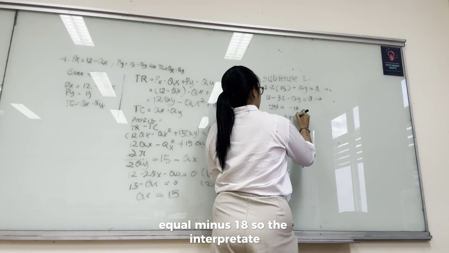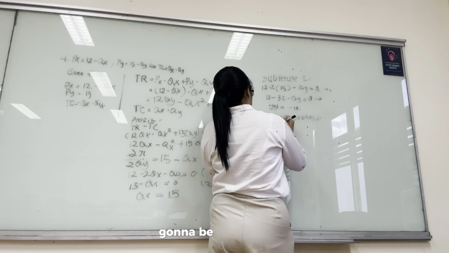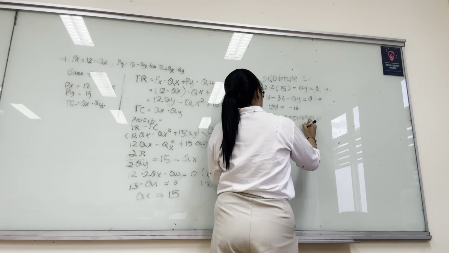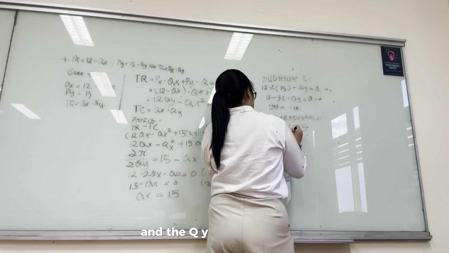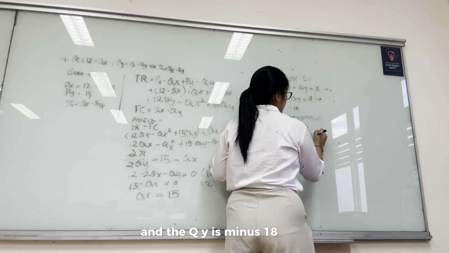So the interpretation is gonna be Qx is 15 and the Qy is minus 18.